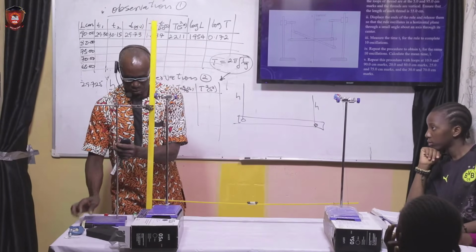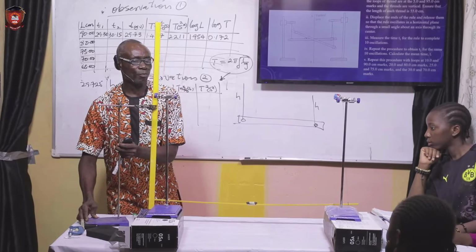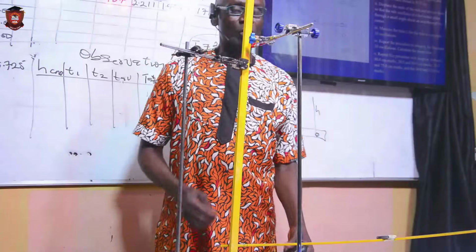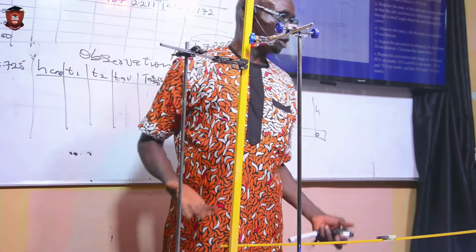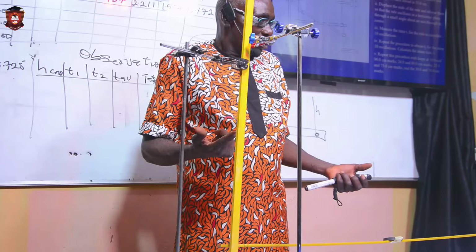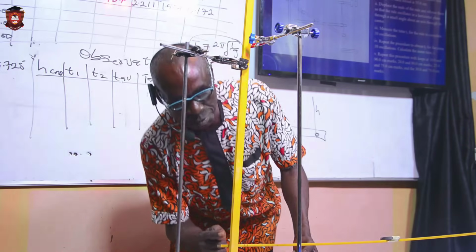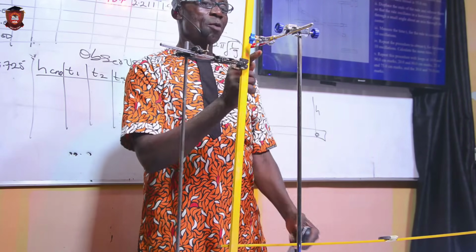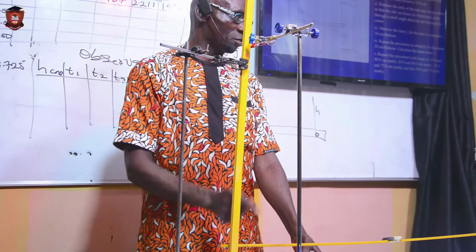On this side, we simply place this to know the height of the thread. So they'll give you the height of the thread, but for you to determine from this point up to the point of displacement, that's the height of the thread.